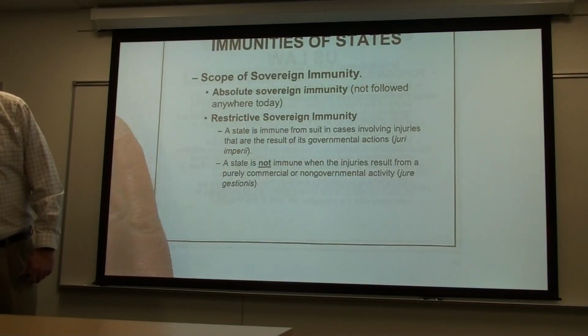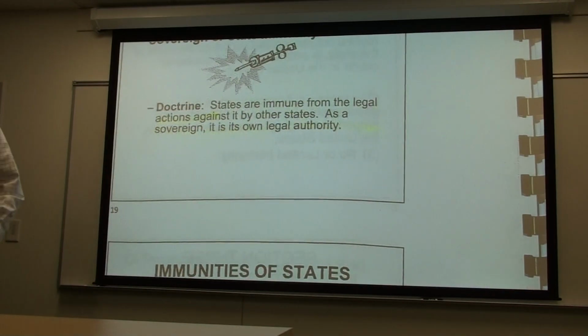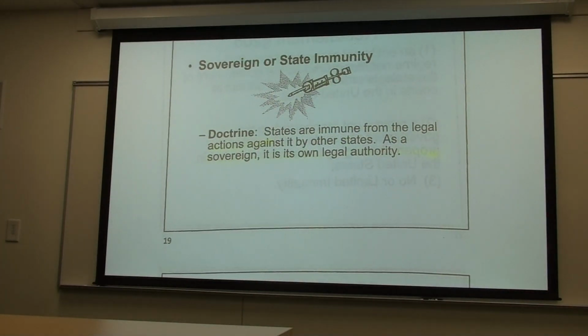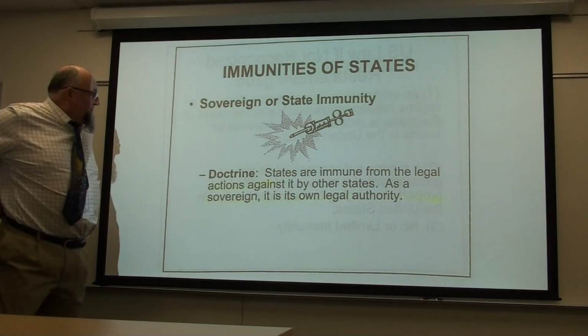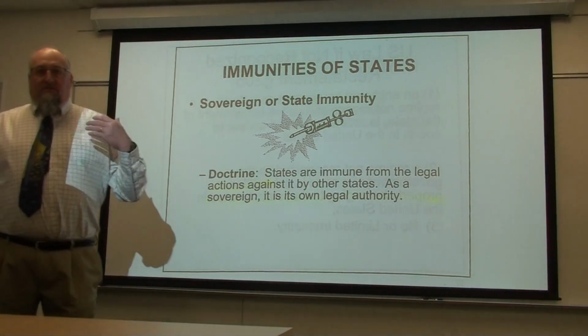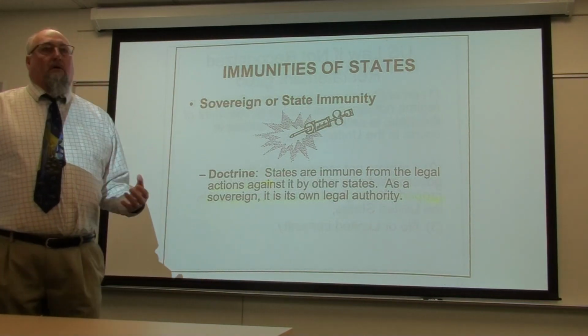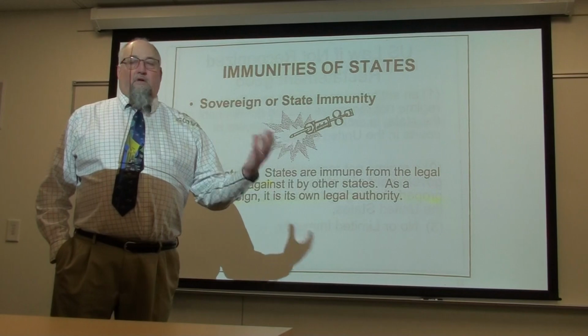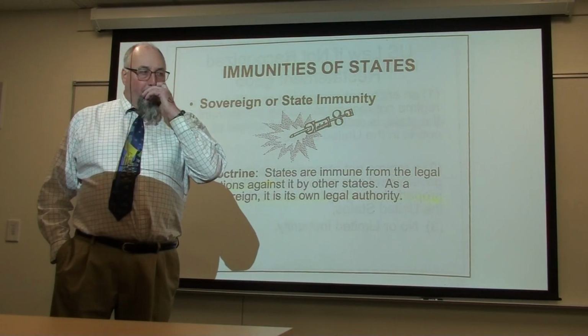All right, let's talk about sovereign immunity. Page 59. The term sovereign or state immunity. This is a doctrine of law that we see both internationally and also domestically in the United States.